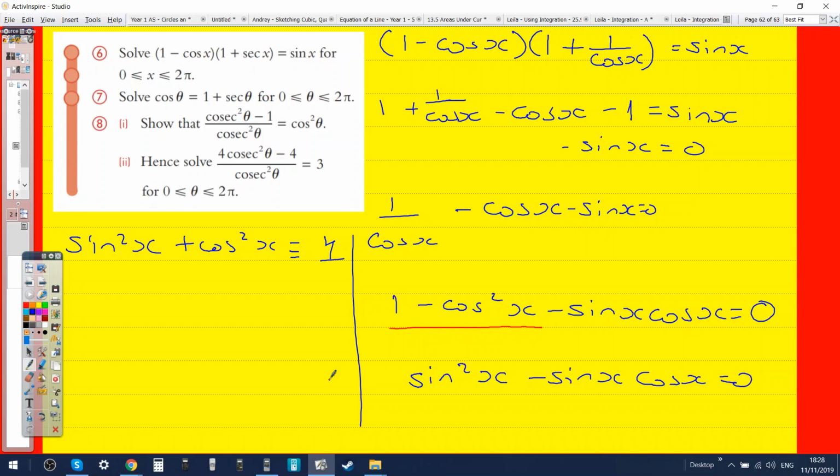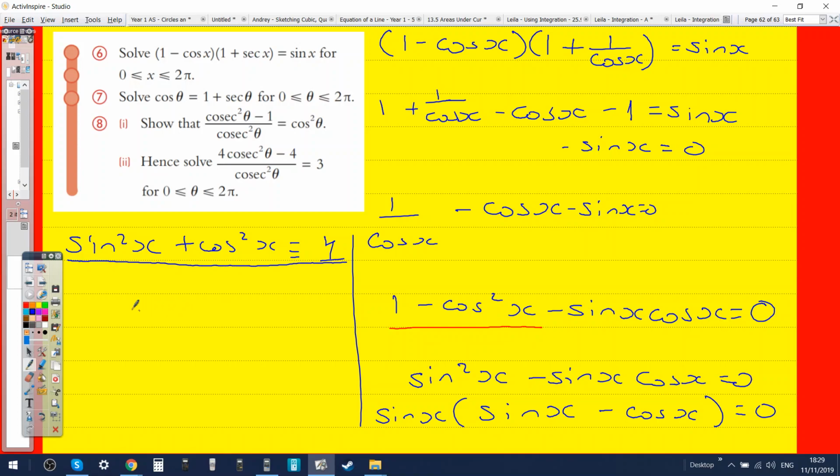So then from here you could factorize it if needs be. Yes. So sine x brackets sine x minus cos x equals 0.